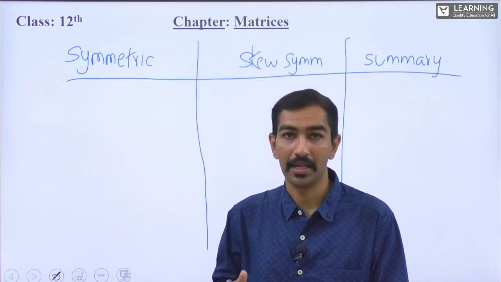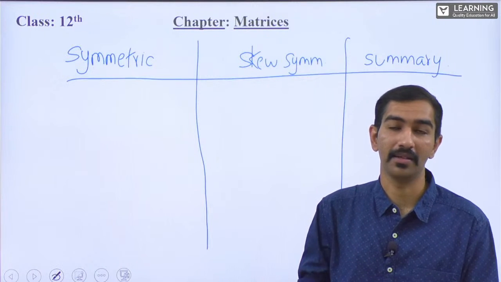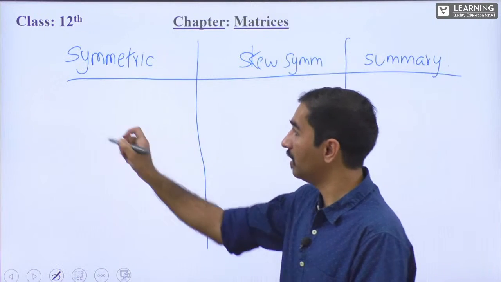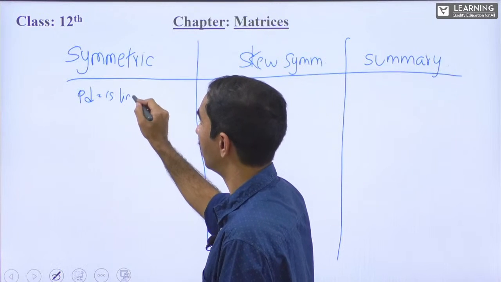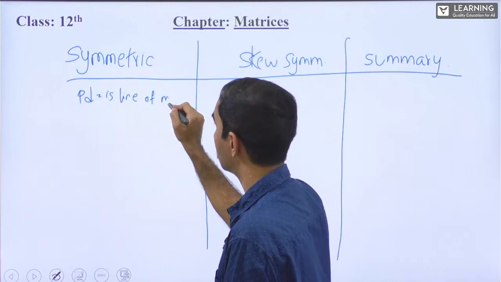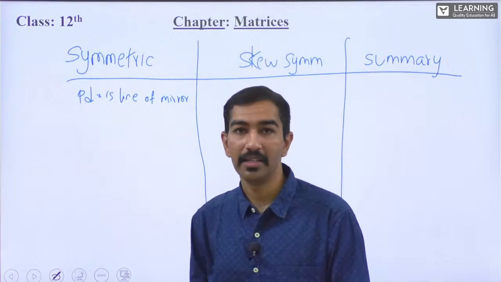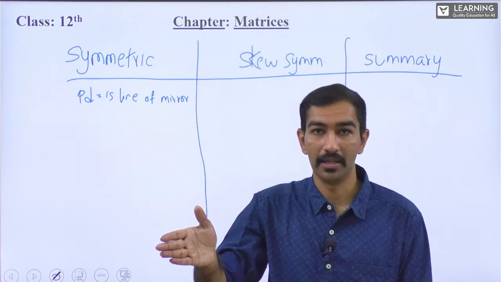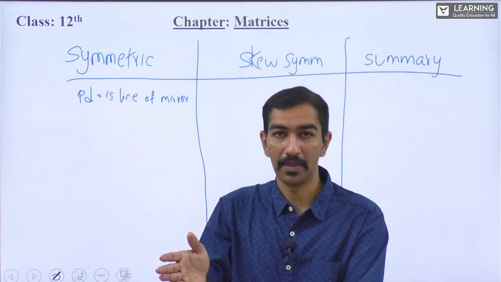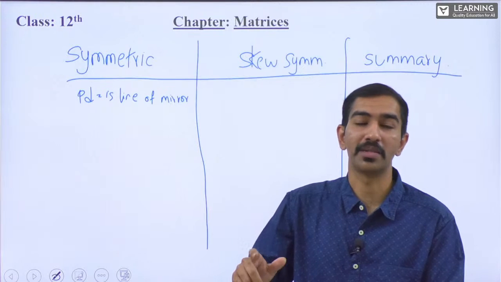Apart from principal diagonal, the other elements must be mirror images of each other with same sign. Means, here what we can tell, principal diagonal is line of mirror. If suppose you keep a mirror on the principal diagonal, whatever elements are below the principal diagonal or above the principal diagonal must be equal above or below respectively.